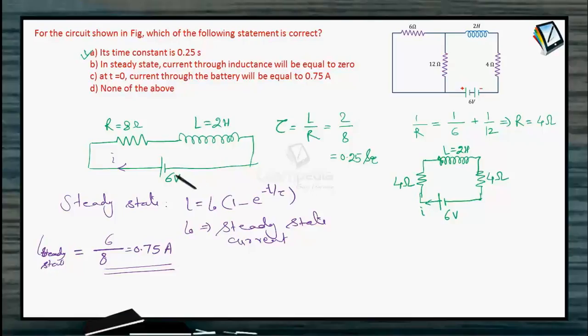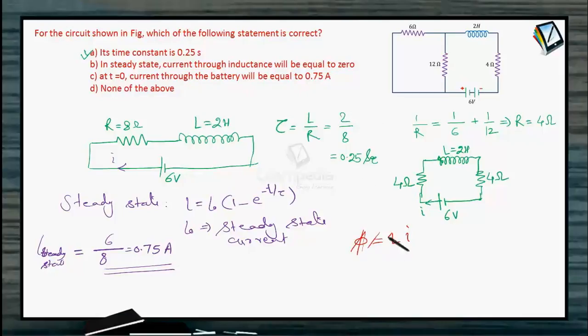It opposes the growth of the current due to the self-induction process. And we know that flux of the inductor is given by phi is equal to Li.